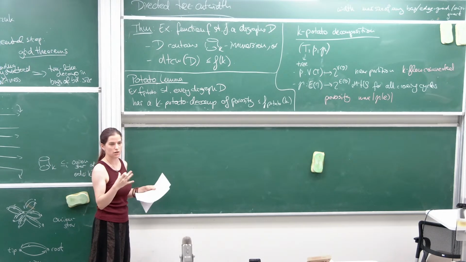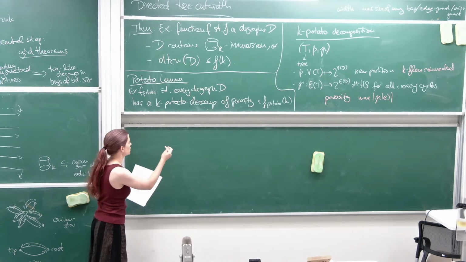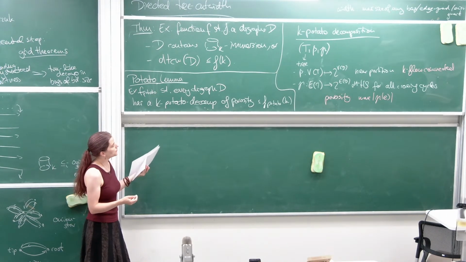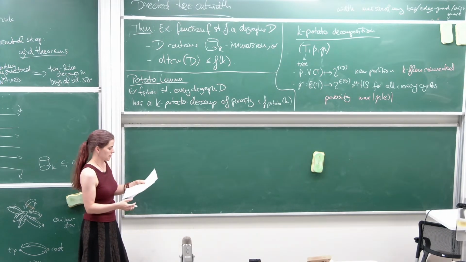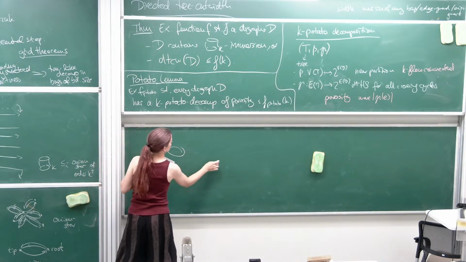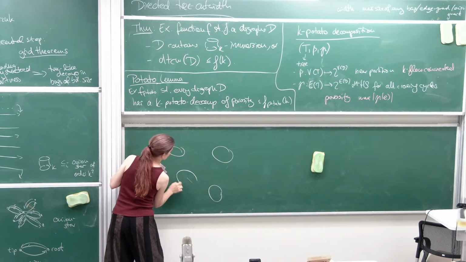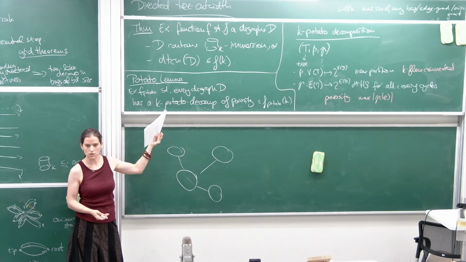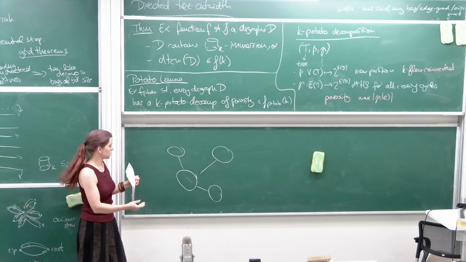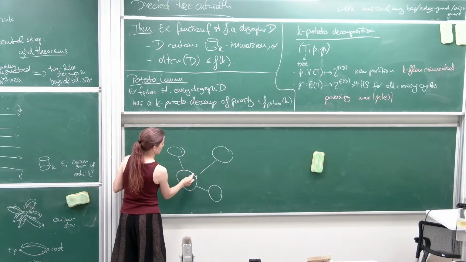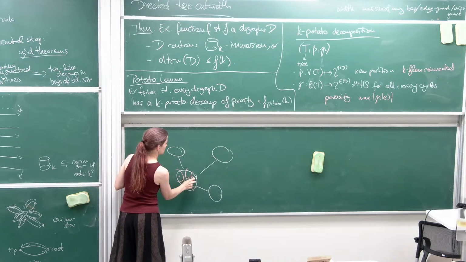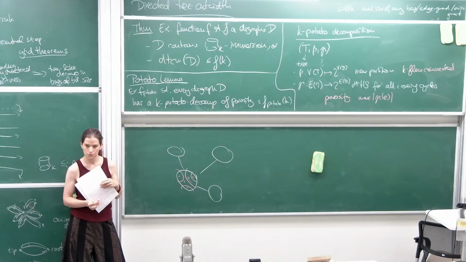You start with, okay, if I want to just have one decomposition, I start with strongly connected components, and then the cuts are actually empty. And the larger I get, I take the K minus 1 potato decomposition that I get by induction, and then take a laminar family of cuts that cuts up every part.